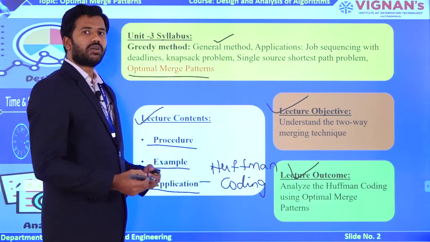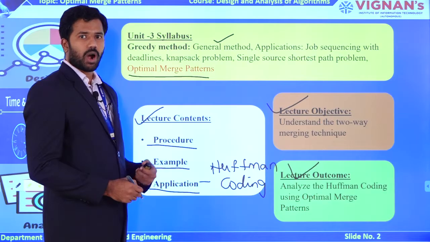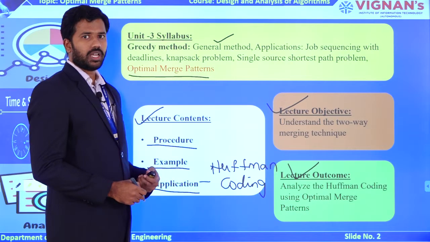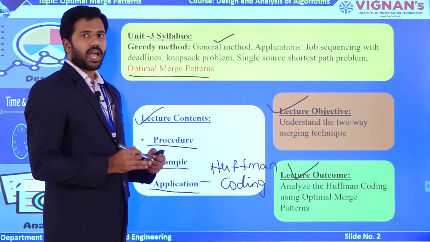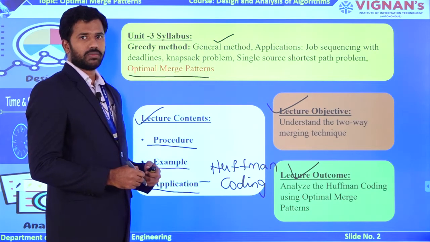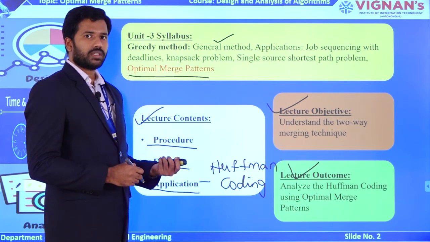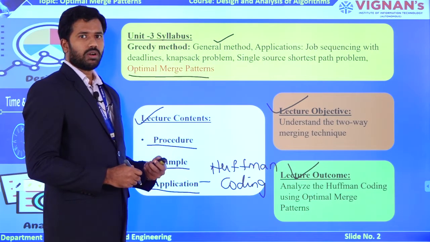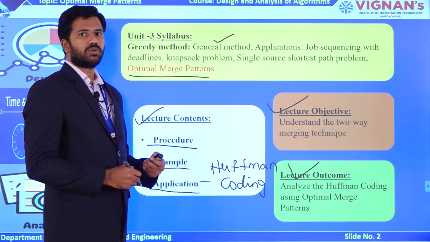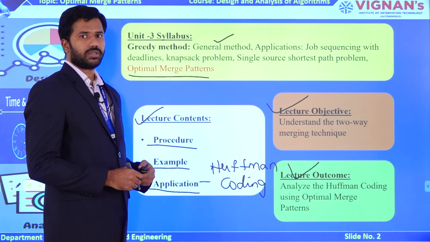First of all, focus on the main theme of optimal merge patterns. In the previous classes you gained experience with the merge sort algorithm, merging two sorted files. What happens if there are more than two files to merge?